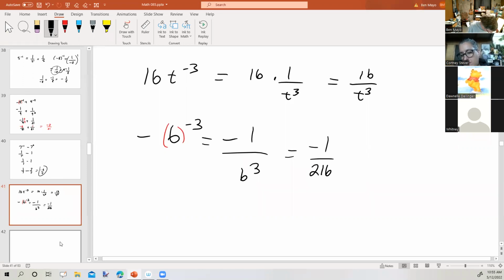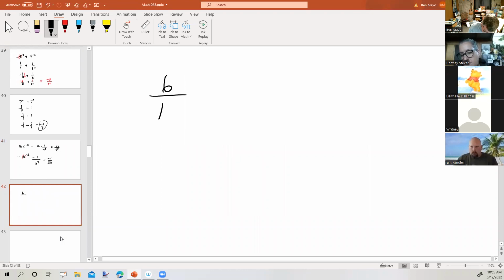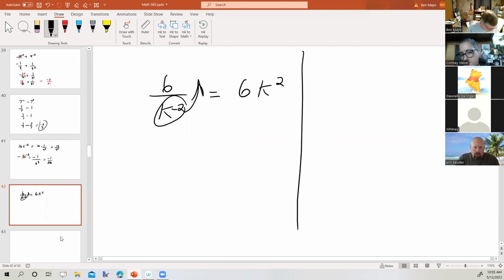What about this example? 6 over k to the negative 2 power. Well, that would be 6 times k to the positive 2 power, because that would move upstairs, making the exponent positive. So it's not division anymore. It turns to just a fraction.